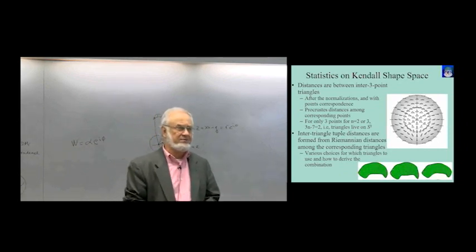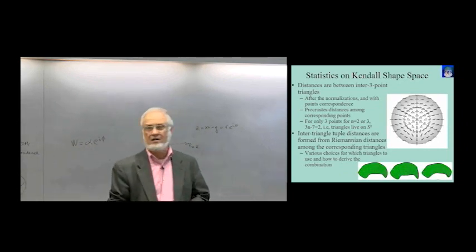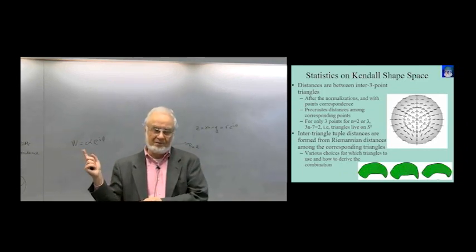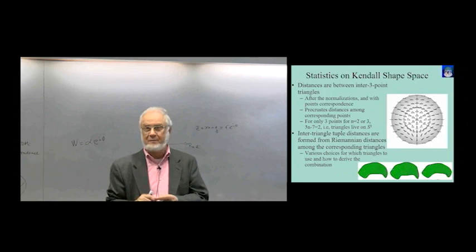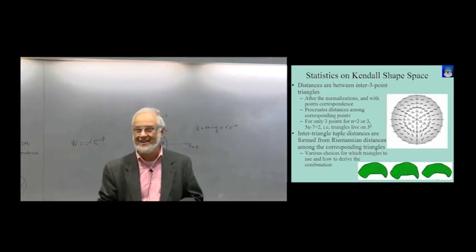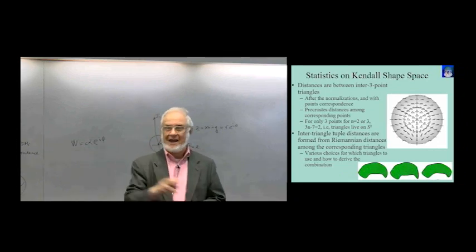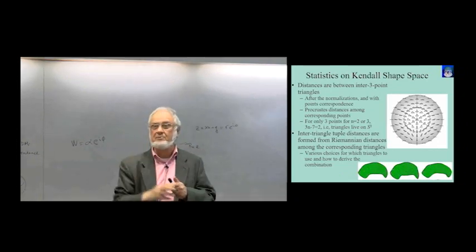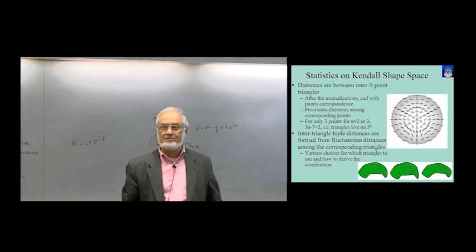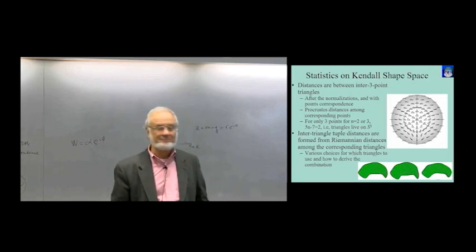And what about for 3 dimensions? Well, it's 3 times 3 minus 7. It's a two space. So for both two space and 3 space, the shape space is a two-dimensional sphere, S2.